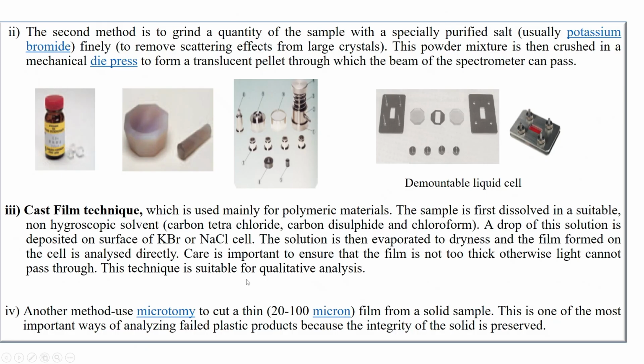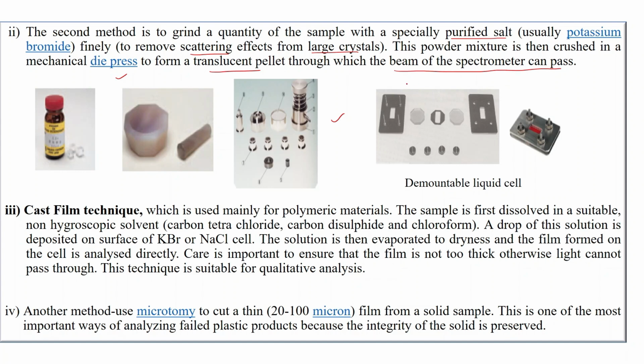The second method is to grind a quantity of the sample finely with a specifically pure salt, usually potassium bromide, so as to remove the scattering effects from large crystals. This powder mixture is then crushed in a mechanical die press, shown here, to form a translucent pellet through which the beam of the spectrometer can pass and be analyzed.